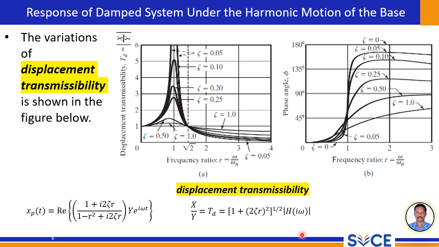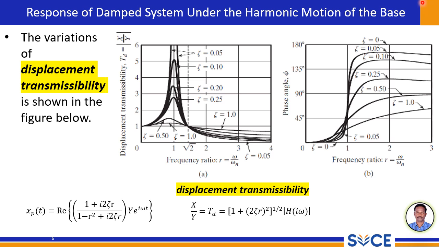This equation highlights the dependence of transmissibility on both damping ratio and frequency ratio. Let's look at the graph on the left, which shows the displacement transmissibility as a function of the frequency ratio r for different values of the damping ratio.